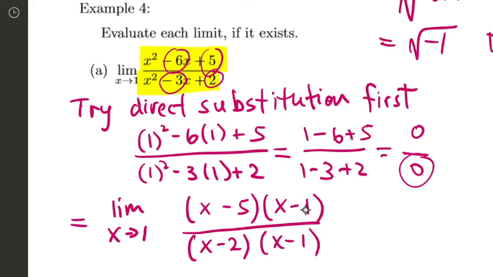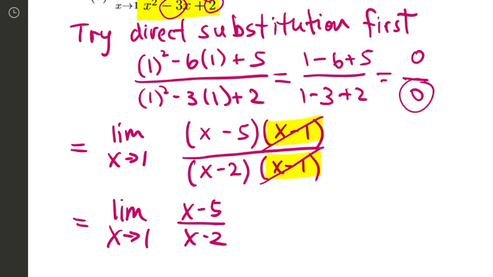And just before I do that, I see that I've got two factors that are the same in the top and the bottom, which allows me to cancel that, okay? So when I cancel that, I'm left with x minus 5 over x minus 2. So I'm going to be evaluating the limit as x approaches 1 of x minus 5 over x minus 2.